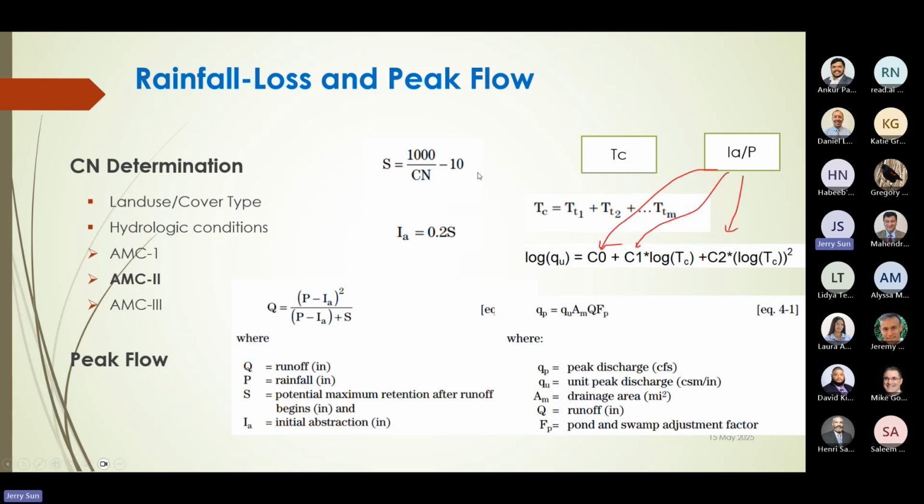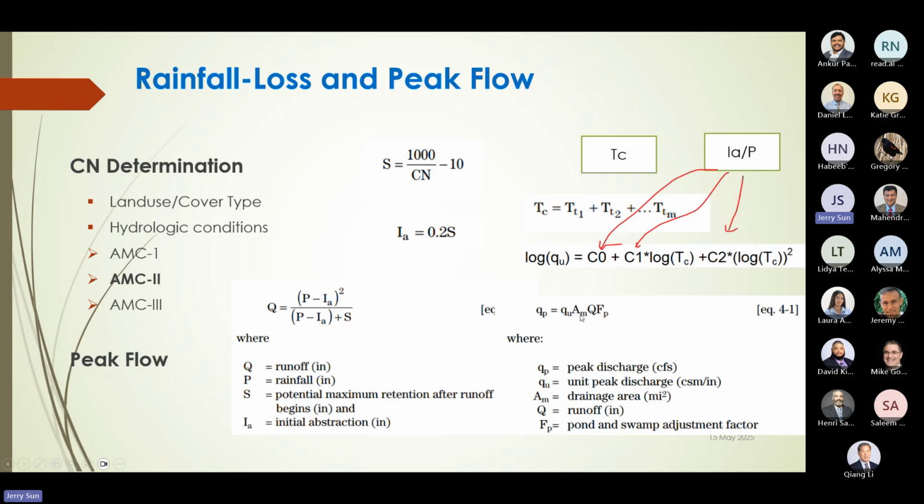That's the Q. Then if you have that Q, you come up with the peak flow. It's the unit peak flow times the area in square miles, times the runoff depth. The pond factor doesn't matter, because for the design we don't consider much about the surface storage by the pond. So we basically use one. That's how the peak flow comes from.